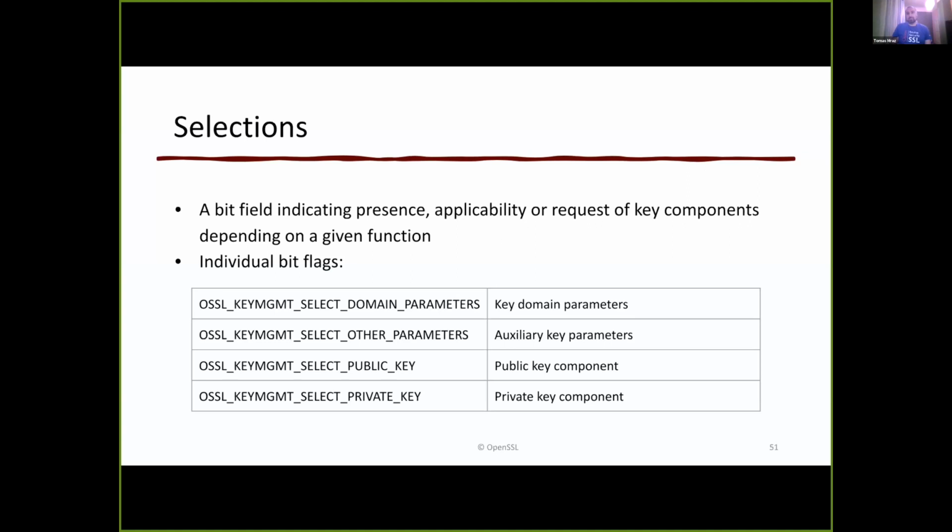There is EVP_PKEY_PRIVATE_KEY, EVP_PKEY_PUBLIC_KEY, and EVP_PKEY_KEYPAIR, which always contain not just the public or private key components, but also the domain and other parameters included. So the public key is always public key plus domain and other parameters. Private key is, again, those three things. And EVP_PKEY_KEYPAIR is basically everything, but there is also OSSL_KEYMGMT_SELECT_ALL that also includes all these components.